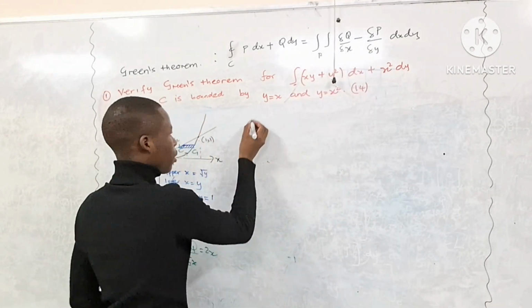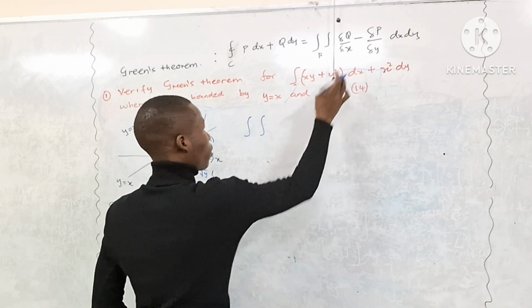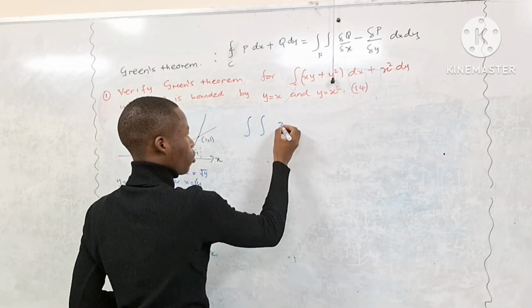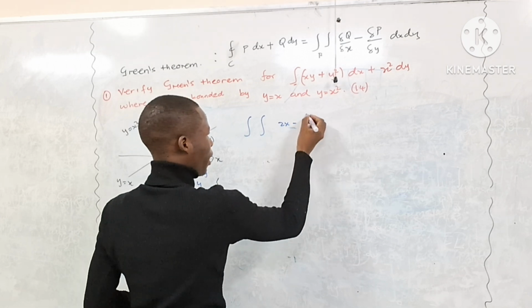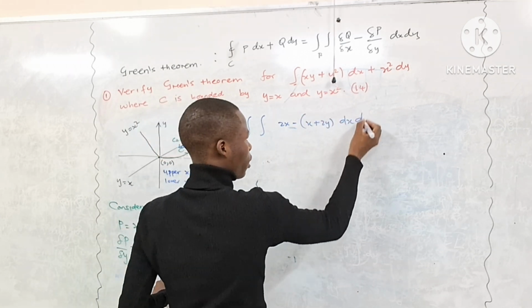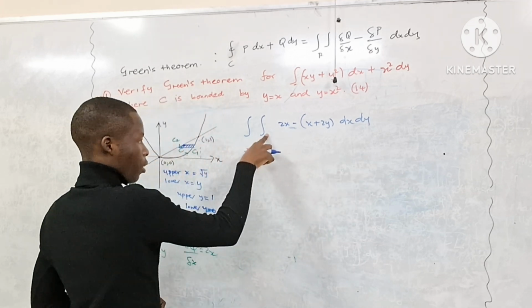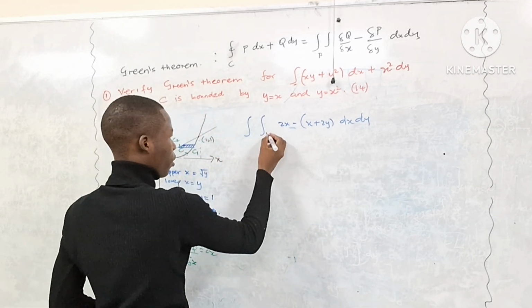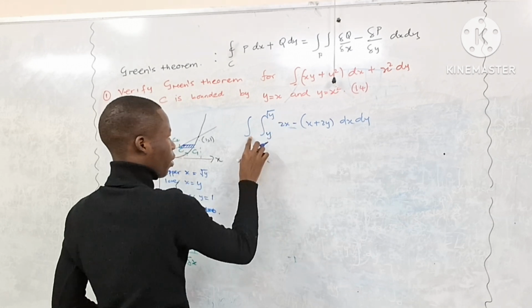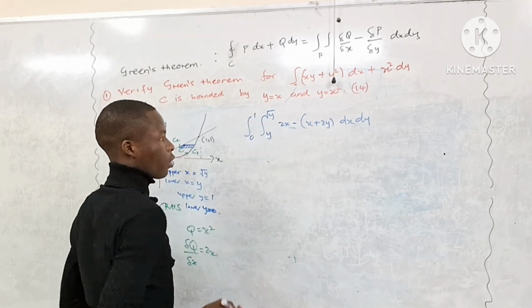Substitute into the double integral. This is 2x minus x plus 2y dx dy. The lower limit here is y, the upper limit here is root y. This is 0, this is 1.